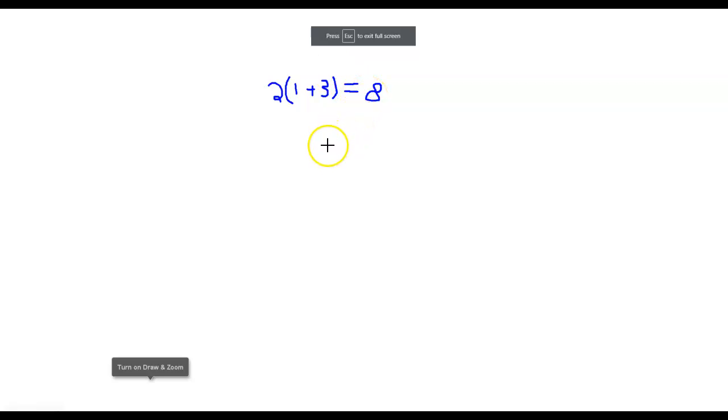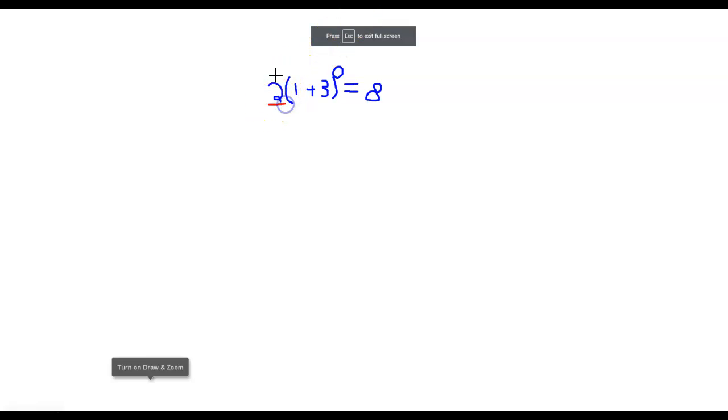Another way to think about that is we have this thing called the distributive property, where if I have a number on the outside of the parentheses being multiplied by something on the inside, and I do not have an exponent, then I can do something called the distributive property. What that is is this.